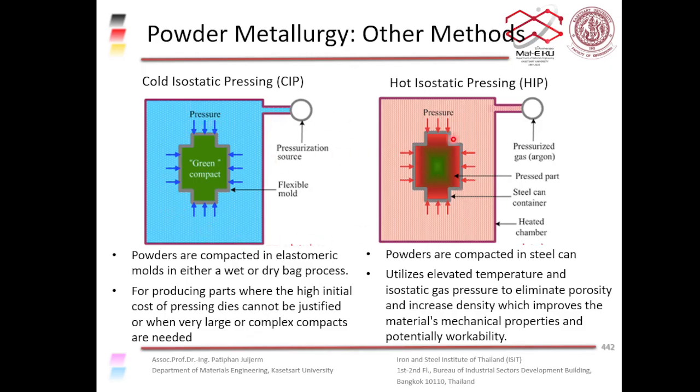But for hot isostatic pressing, the powders are compacted in a steel can. So the mold is made from steel, not elastomer like in this case, because we are going to apply pressure and high temperature at the same time. The elastomeric, flexible mold might not be suitable at high temperature. We put the powder in the steel can container, and then put all the steel cans in this pressure chamber.